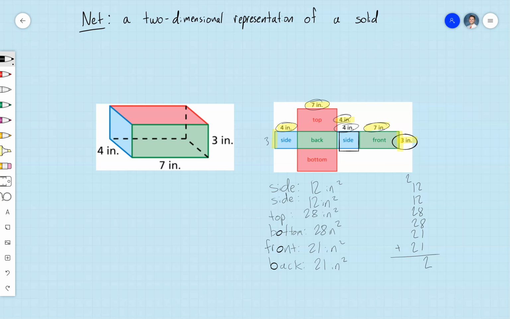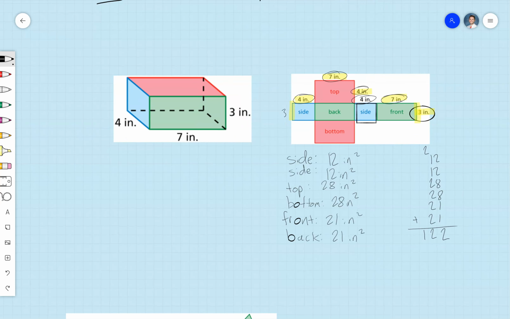And we have 2 plus 1 is 3, 4, 6, 8, 10, 12. So we get a surface area here of 122 square inches. So this would be S equals 122 square inches.